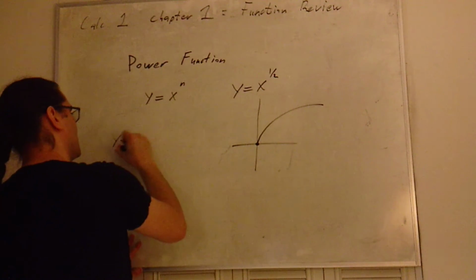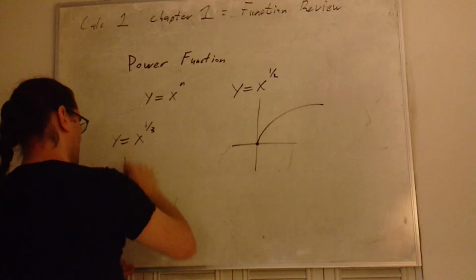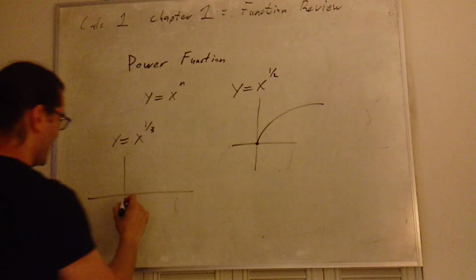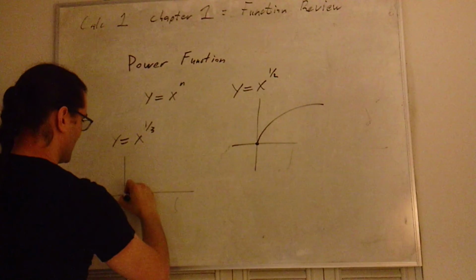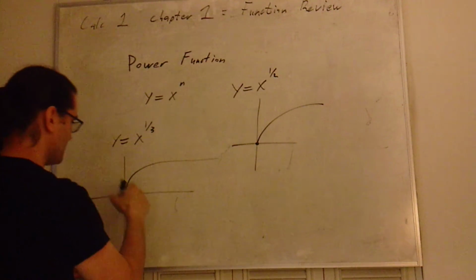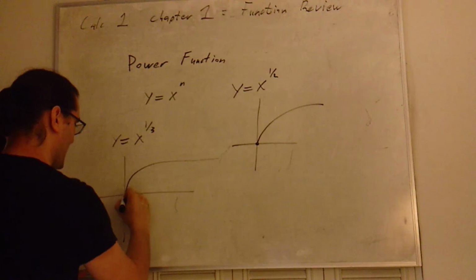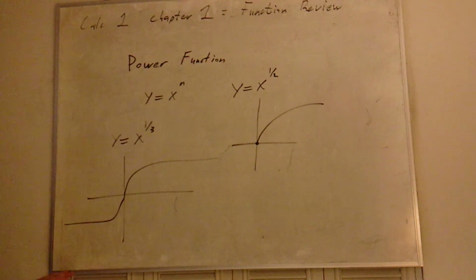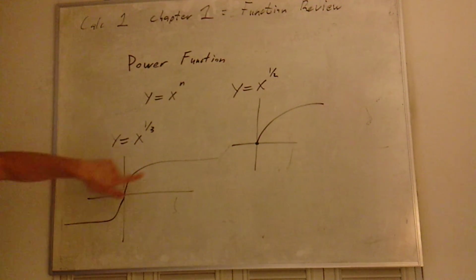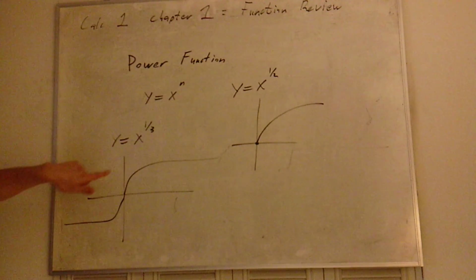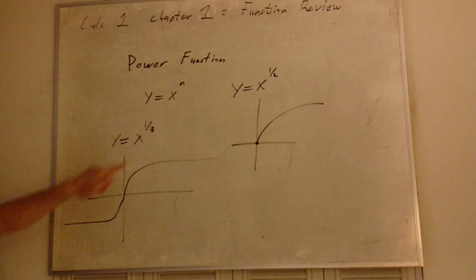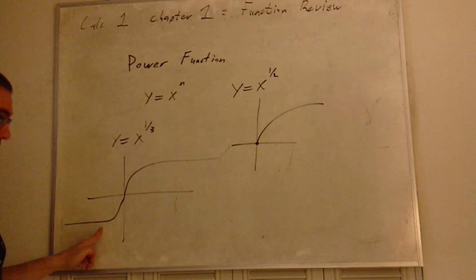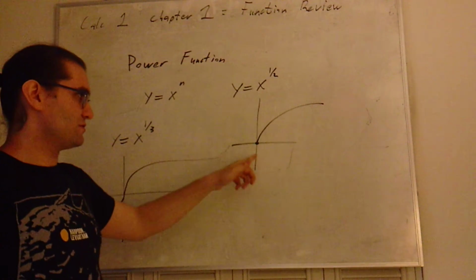Or we might get something like y equals x to the 1/3, which is the cube root of x. That looks sort of the same. It's a little deeper, a little more boxy, and it has a back end. If you're taking cube roots, you can do that to negative numbers and you'll get negative numbers. If you're taking square roots, those end at 0.